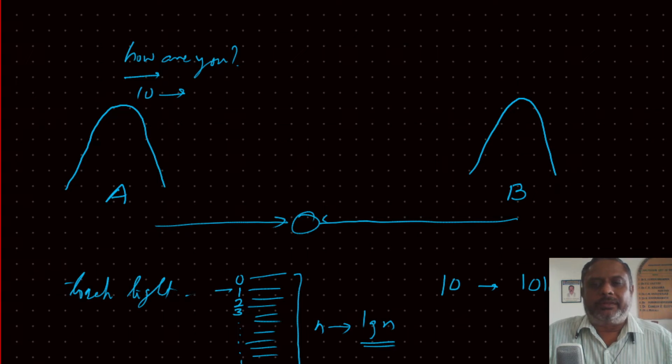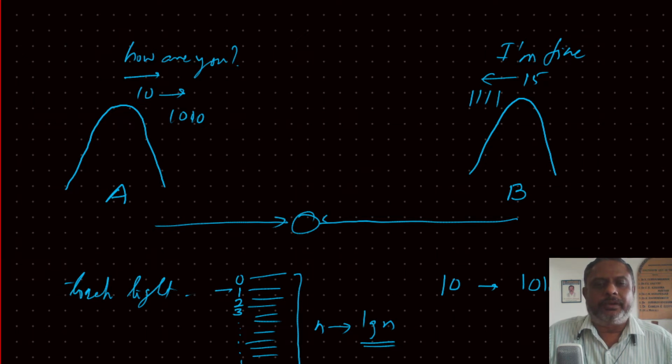After receiving it, the other person may respond, I am fine, and this may be code, say, 15. So this 15 has to be sent back. 10 means 1010, and 15 means 1111.